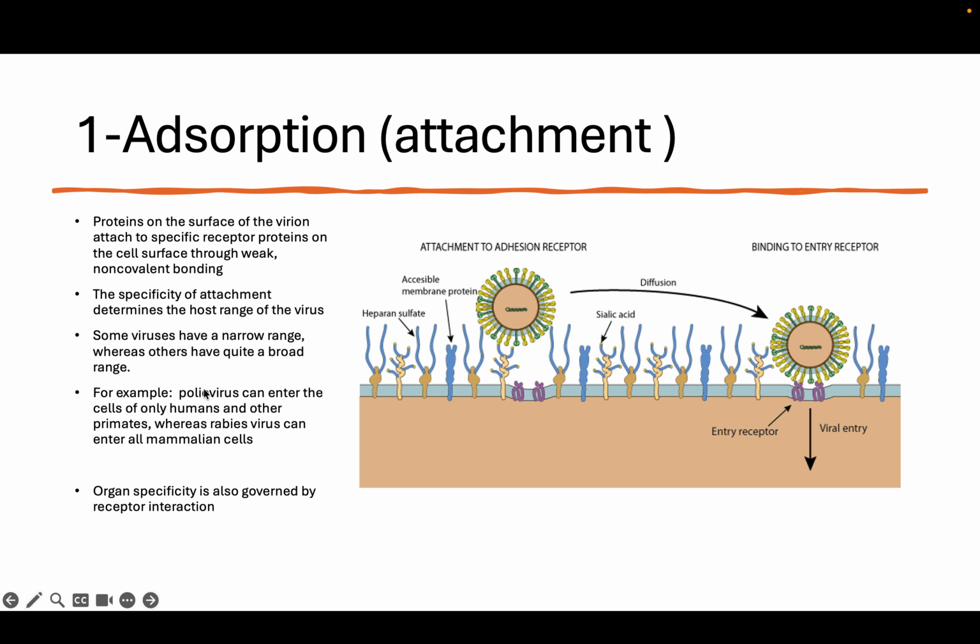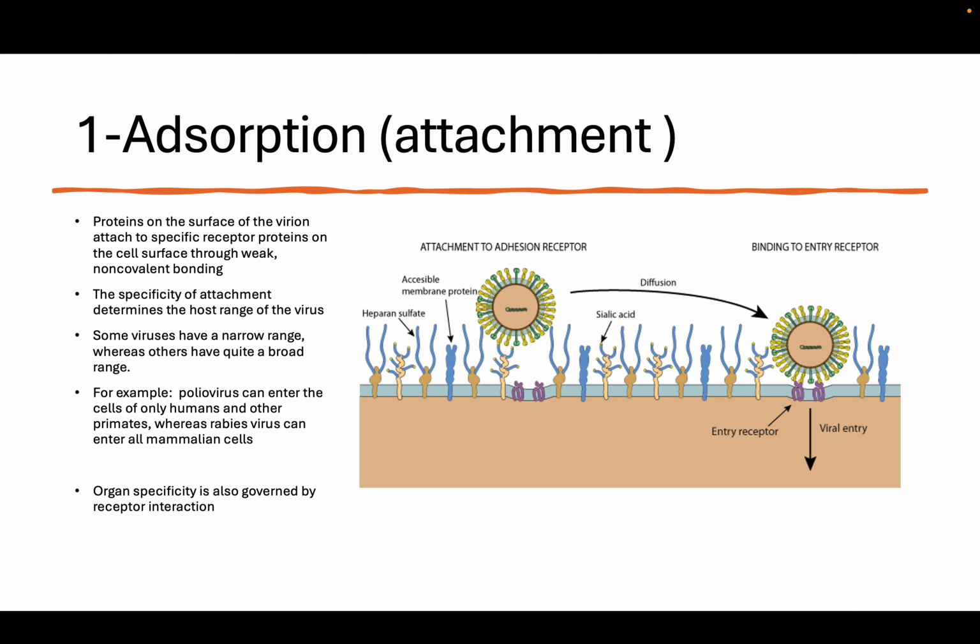So, for example, polioviruses have a certain receptor that can only bind in humans and other primates, but that's it. So you never see a dog having polioviruses, you never see a cat having polioviruses, because the virus will not be able to bind to the cell receptors of that dog or cat because there's no interaction with them.